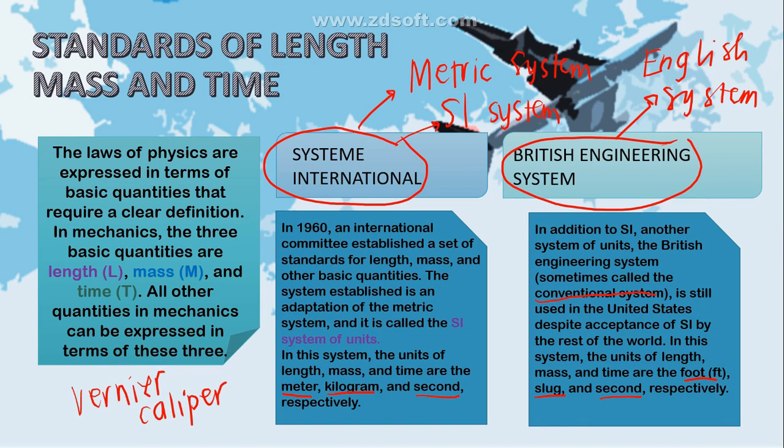Tapos, mineasure nyo siya in centimeters, yun yung given. Tapos, yung gagamitin na bolts, yung size niya ay indicated in inches. So, paano nyo malalaman kung sasakto yung bolt na ilalagay dun sa materials na yun? You need to know how to convert from one system to another.